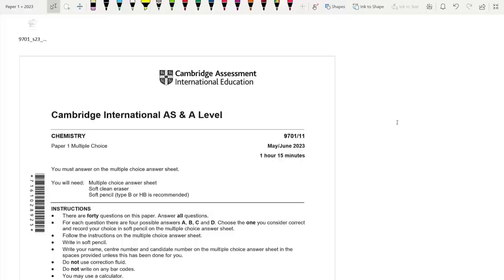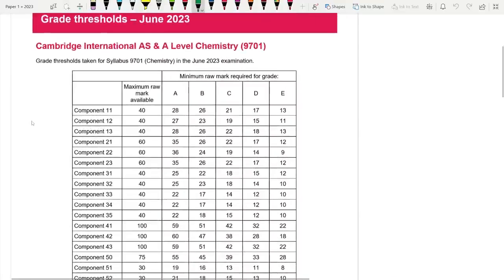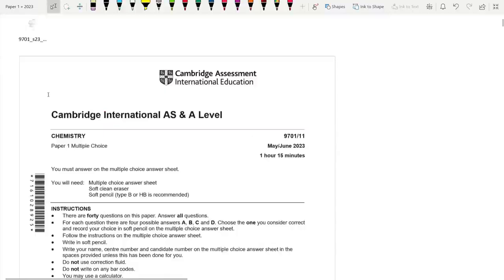So before we begin, let's take a look at the threshold. For this particular paper, this is the threshold. The maximum mark is 40, A was at 28, B was at 26, C 21, D 17, and E at 13. So let's write that down.